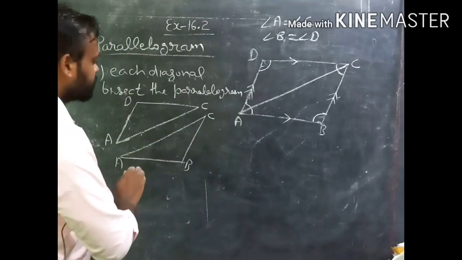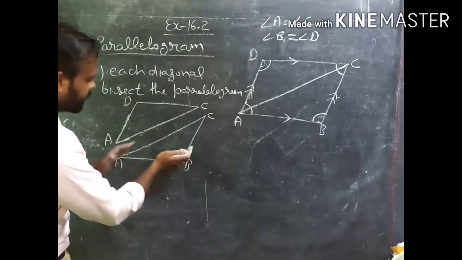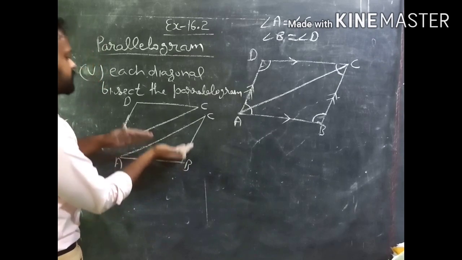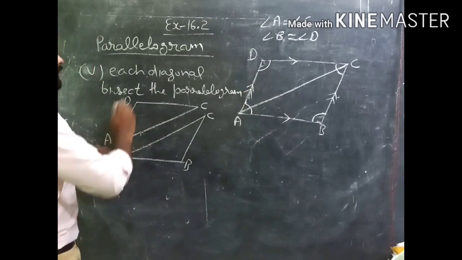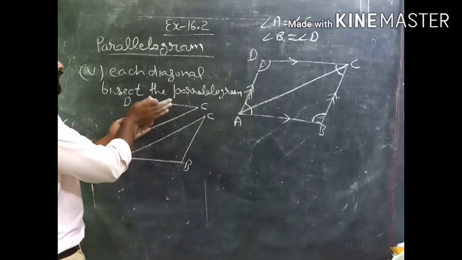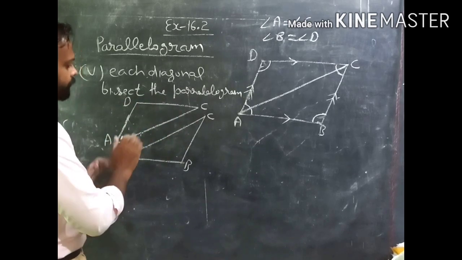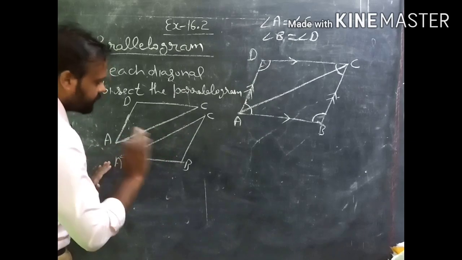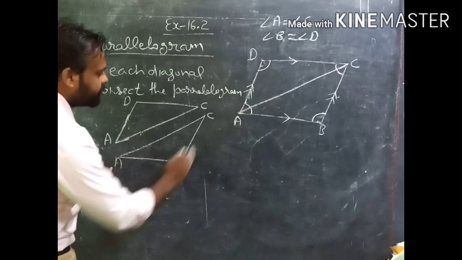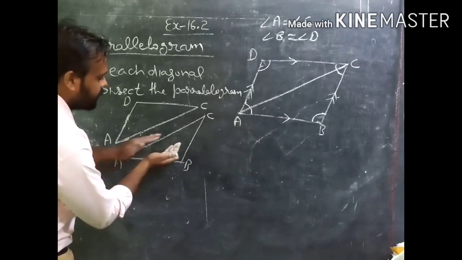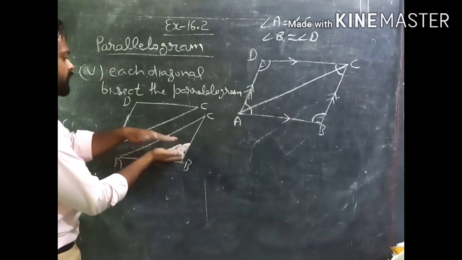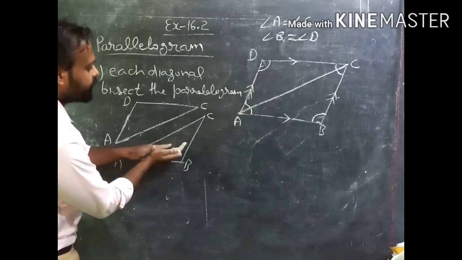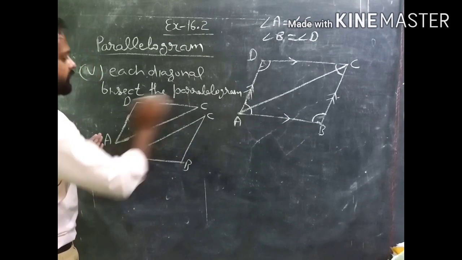But here is an important thing. If I take this triangle ABC and place this triangle over this triangle ADC, then it will completely overlap this ADC triangle. Again, listen carefully: if I take this ABC triangle and place it over this triangle ADC, then this triangle ABC will completely cover this triangle ADC.